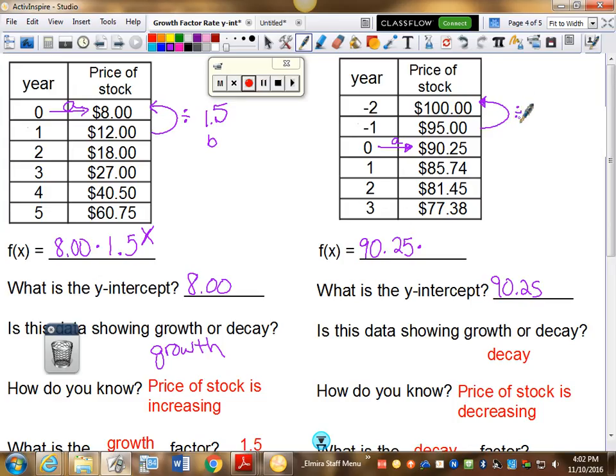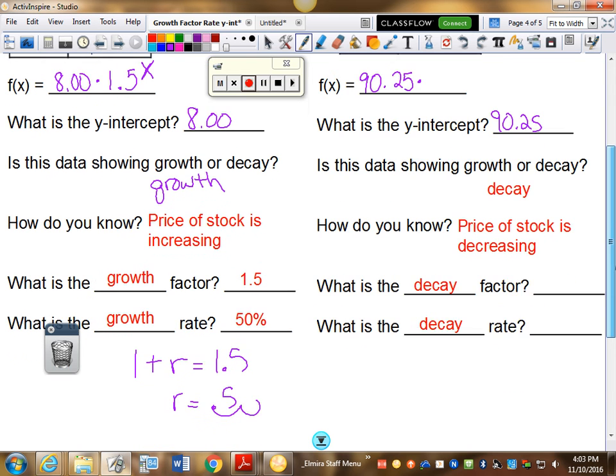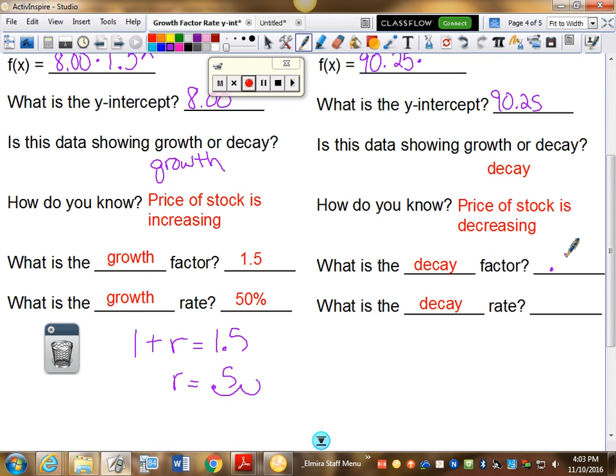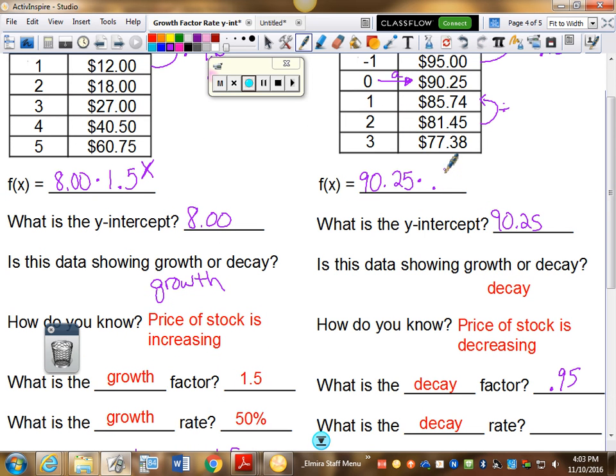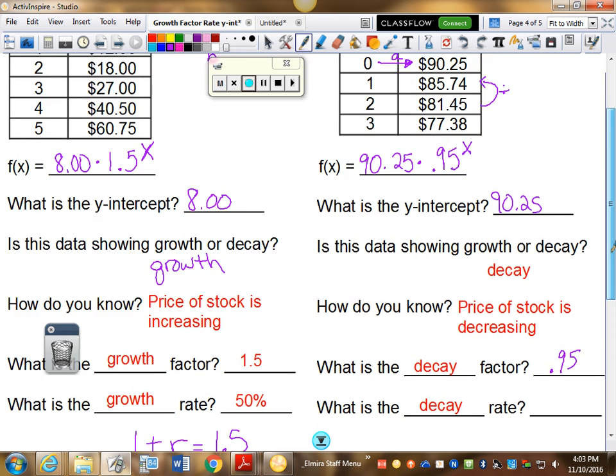I'm going to work backwards and divide. 95 divided by 100 equals 0.95. All right, did I have to pick the top 2 rows? Nope. You can pick any 2 rows and divide backwards. Okay, so my B is 0.95 to the x power. Don't forget to put that exponent.